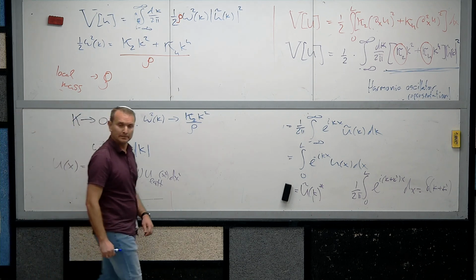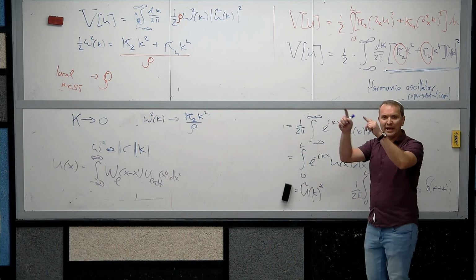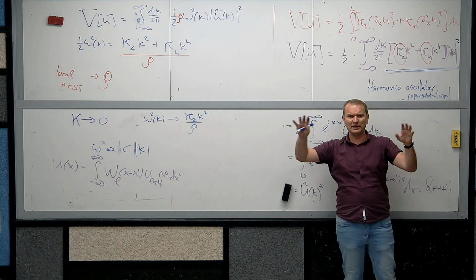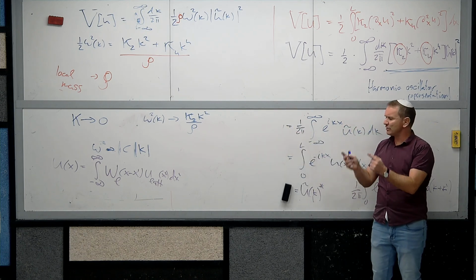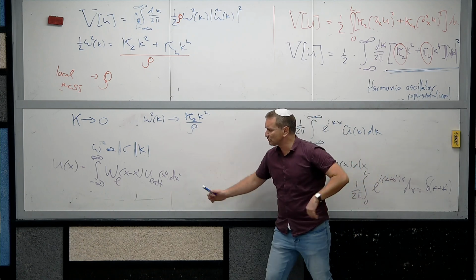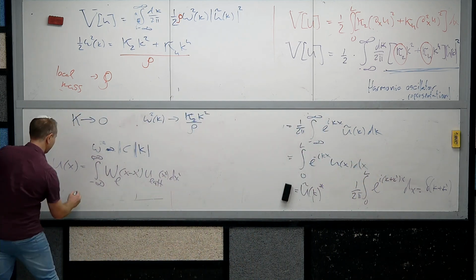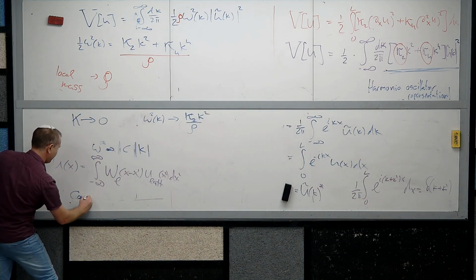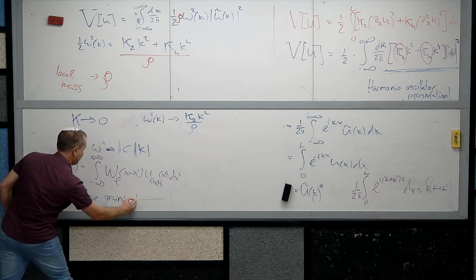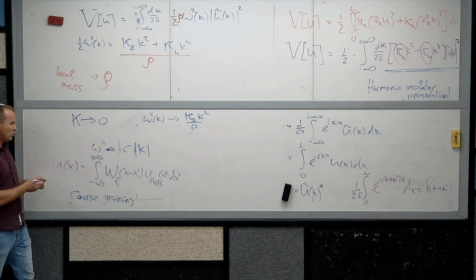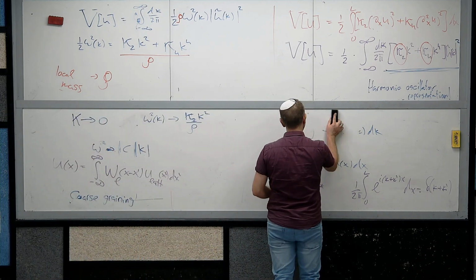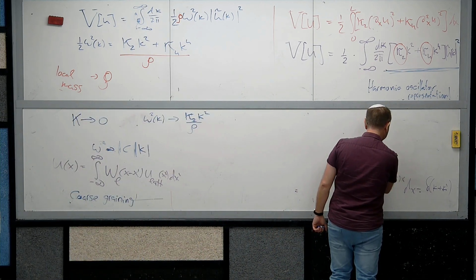Now, I went to the K-space not just because it's exactly the same as I've done for the microscopical model, etc. There is another point over here. I've done this coarse graining, and this is my coarse graining procedure. After I've done coarse graining, I can go to the Fourier space.